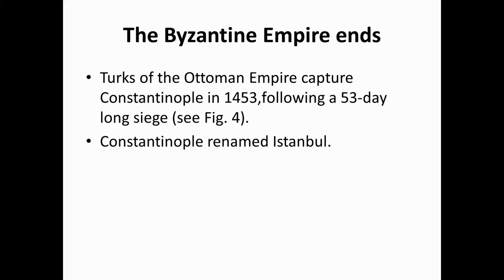Sieges where you're being held sort of captive in your own city, right? You can't get supplies in and out, and the enemy hopes to starve you out or to break you down in that way. But they had a good storehouse system, so they were able to withstand for a long time, but not in this instance. At that time, Constantinople is renamed Istanbul, which it is called today.